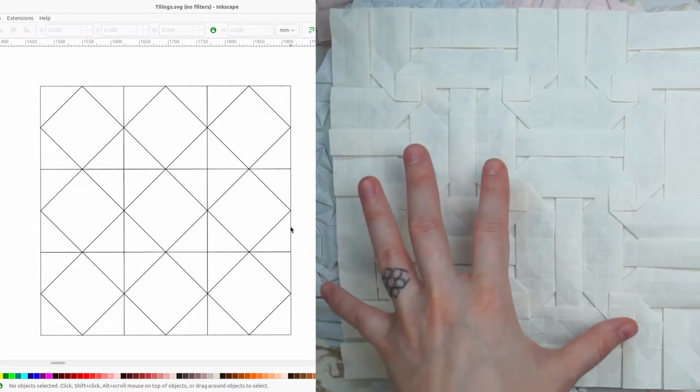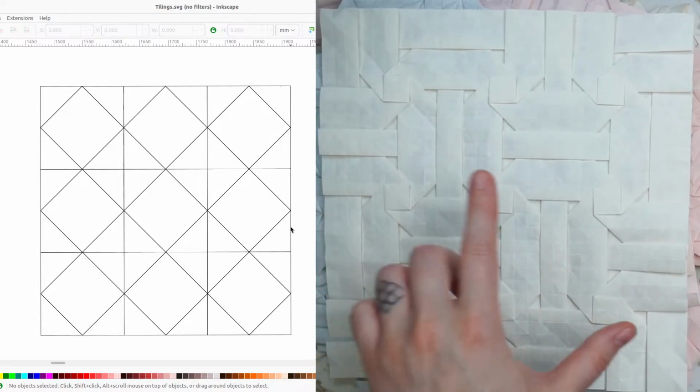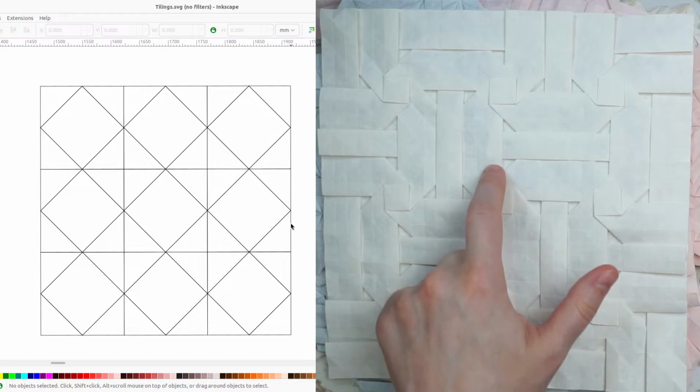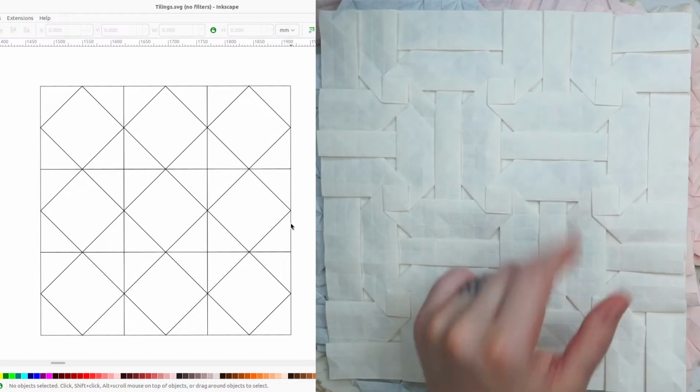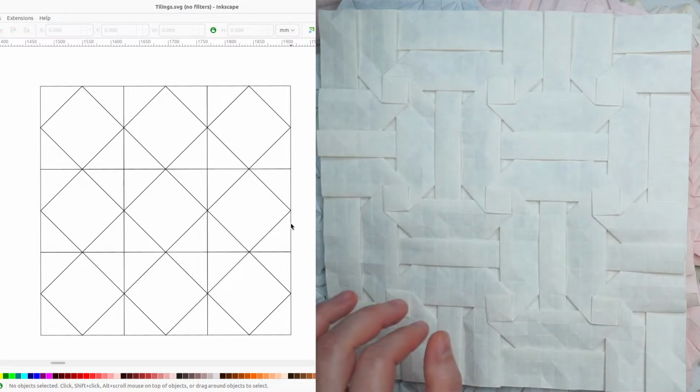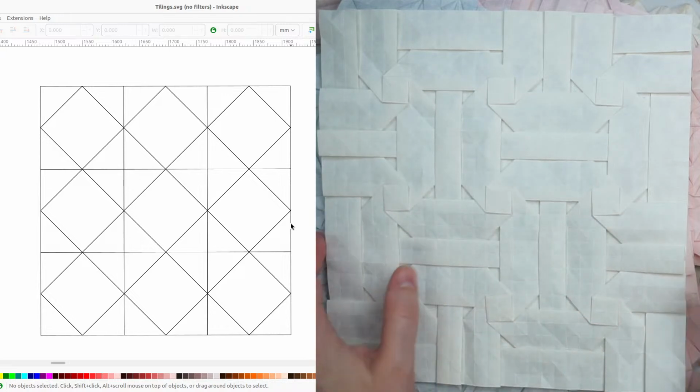So that's what's going on in this tessellation, and it's important when you're looking at right triangles to see where is the vertical going, where is the horizontal going. And in this case, all the right triangles are acting exactly the same.